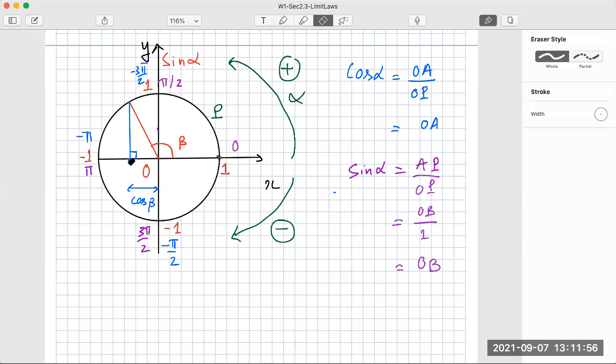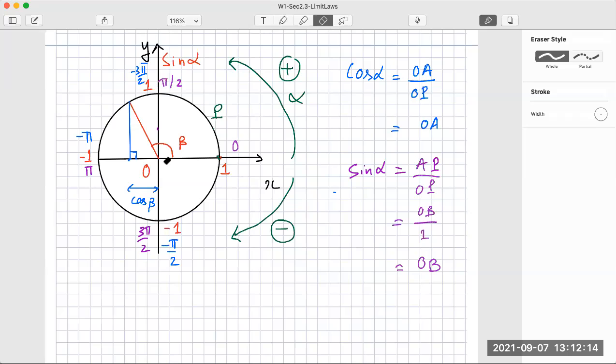Is it positive or negative? Negative. Why? Perfect, exactly. You see that here on this axis it is on the left side of 0, so it's negative.